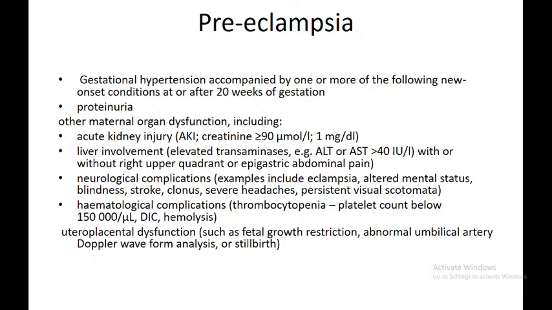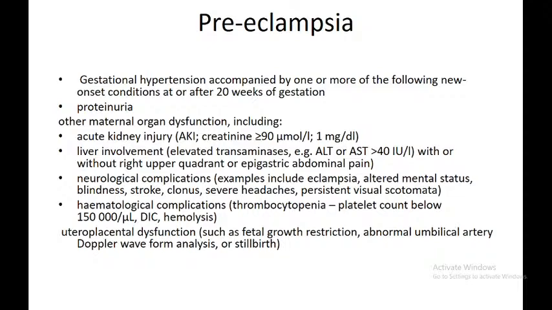The maternal organ dysfunction can be in the form of an acute kidney injury, where usually the creatinine is equal to or more than 90 micromoles per liter, and the liver enzymes tend to be elevated, especially the transaminases more than 40. The symptoms may or may not be present, that is the right upper quadrant pain or the epigastric pain, but usually there can be elevated transaminases.